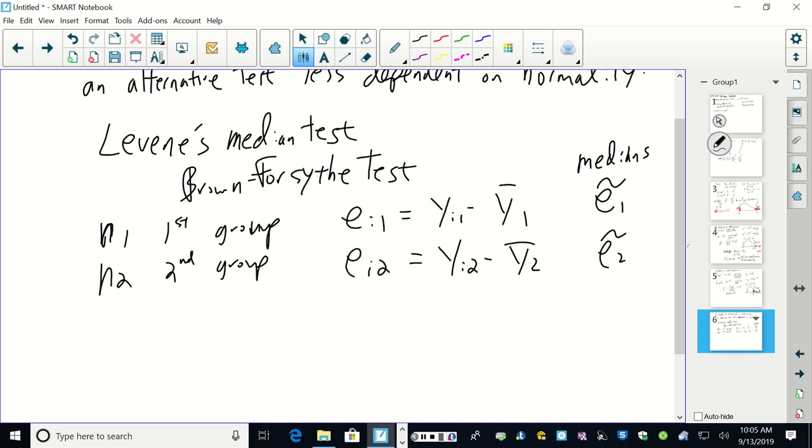On the other hand, if there's a few very small deviations and outliers the other way, then the median will be shifted away from 0. If it's all symmetric, it'll be pretty much right around 0. Right? So we take that, and then it takes absolute differences, e_i1 minus e1 tilde, so the difference to the medians, and we do that in the second group too.